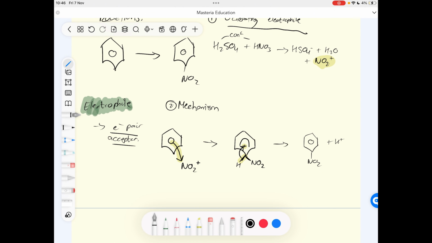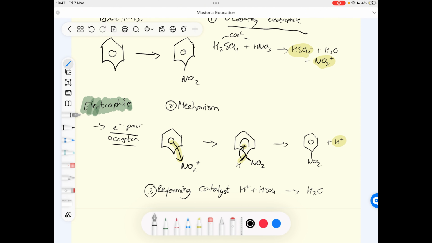The final step for all these mechanisms is reforming the catalyst. Now, the way this happens, and this will always be the same across the board, is we look at this molecule here, the HSO4 minus, and this molecule here, the H+, and all we do is we combine them.